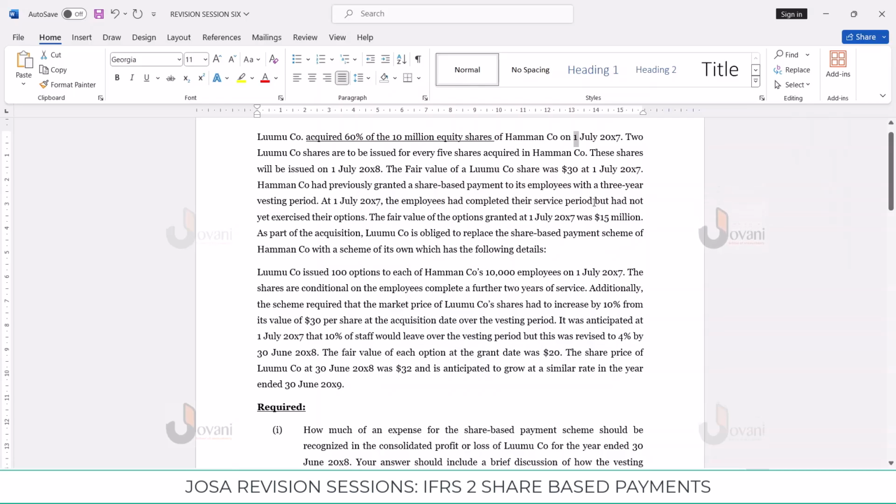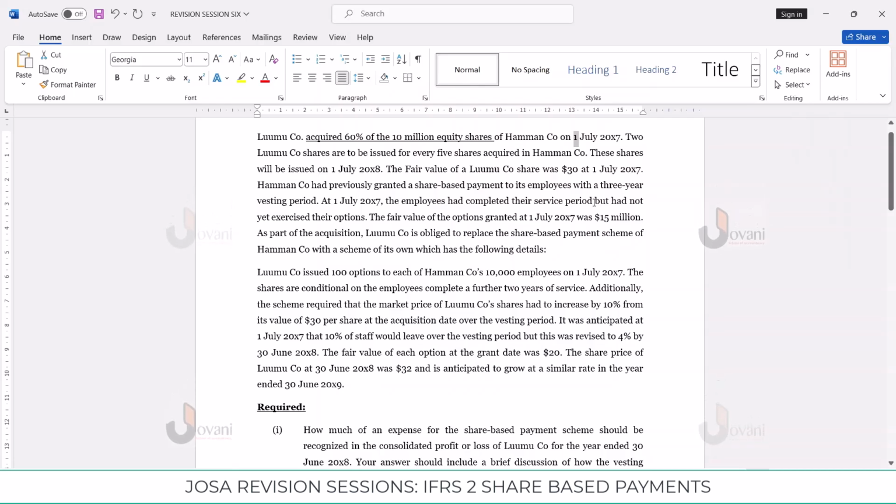Remember, this is an equity-based payment. So that is also very important. The fair value of each option at the grant date was, so they're telling us that, remember, we should value the options using the fair value at grant date.